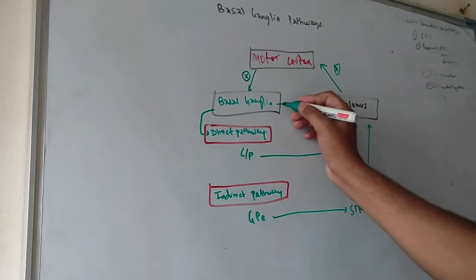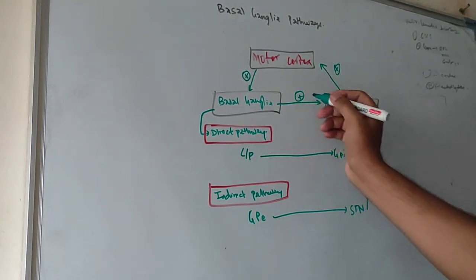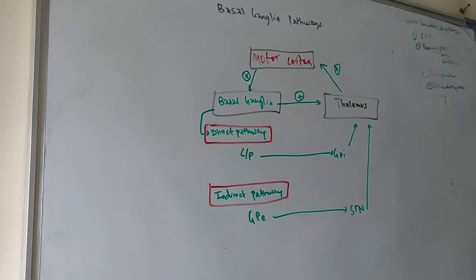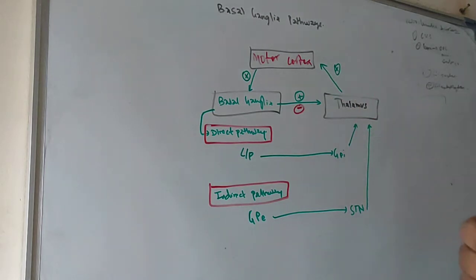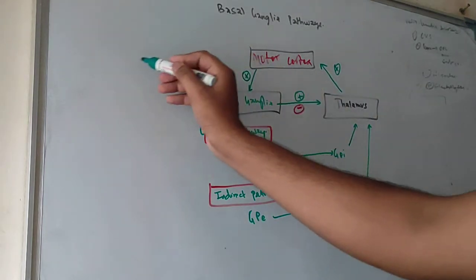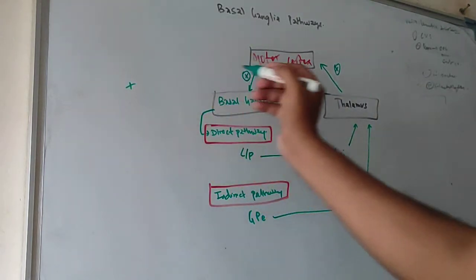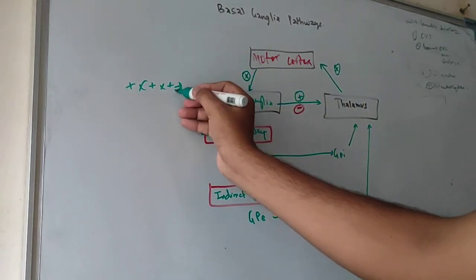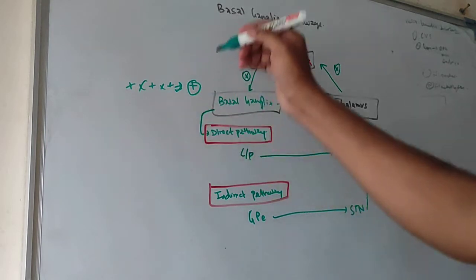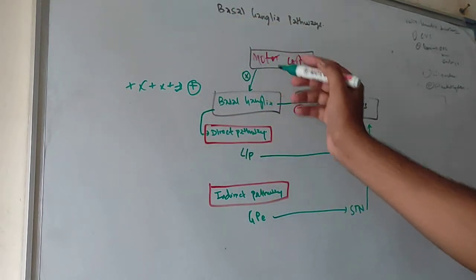The basal ganglia can excite or it can inhibit the thalamus. If the basal ganglia excites the thalamus, the overall summation remains positive. This positive means increase in motor activity.